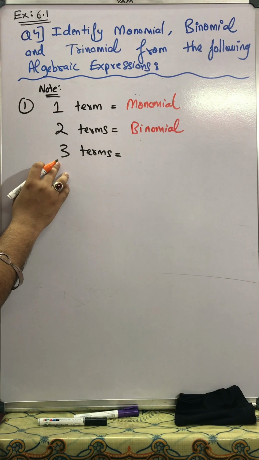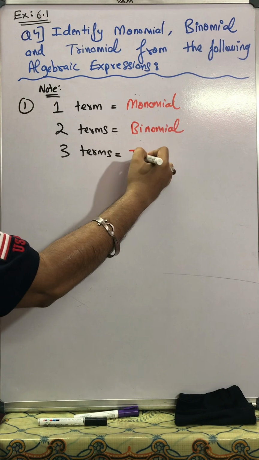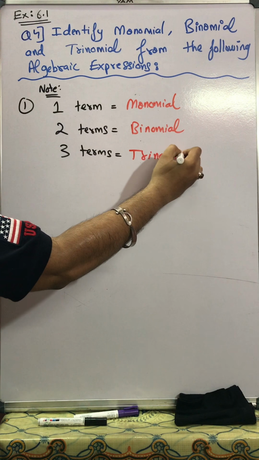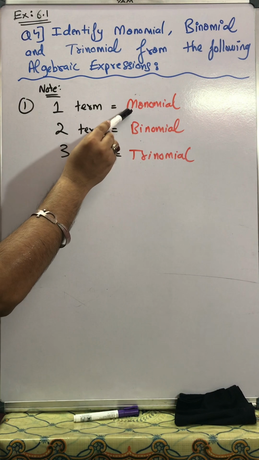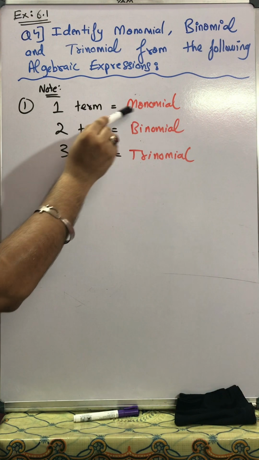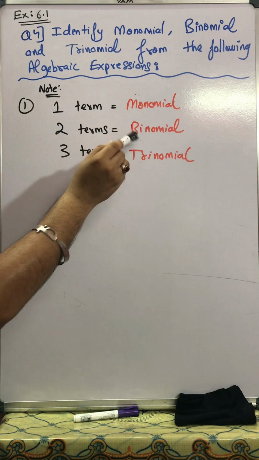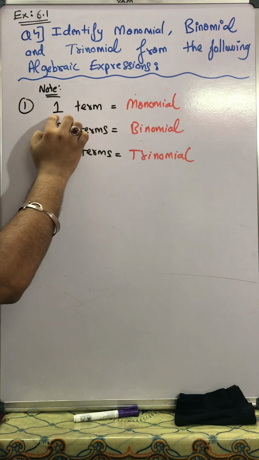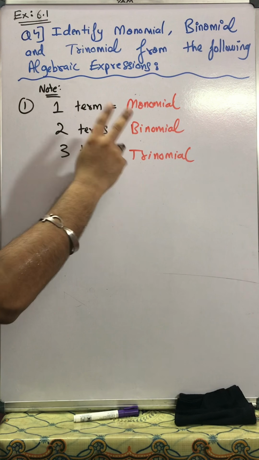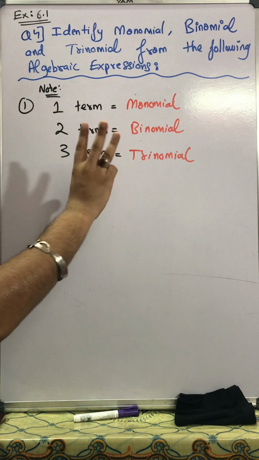And whenever we have three terms, we call it a trinomial. Basically, here the word mono means one, bi means two, and tri means three. Okay, one term monomial, two terms binomial, and three terms trinomial.